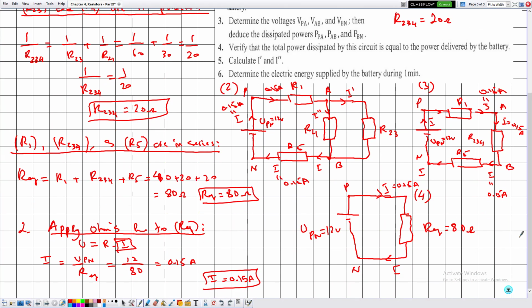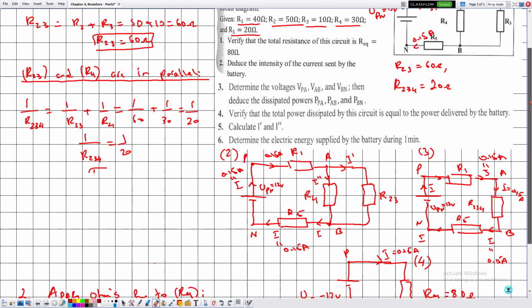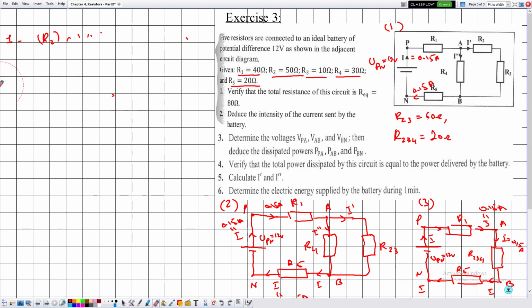And let me make space above here. So for sure now, because we have determined current, they will ask me about voltage, then current, then voltage, then current, and so on and so forth. So this is the logic.